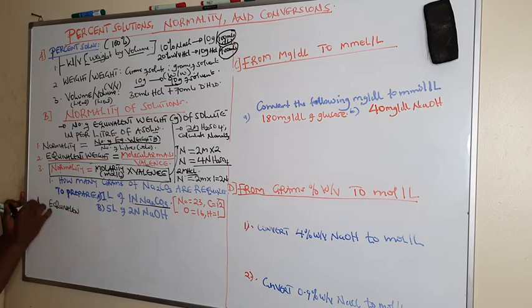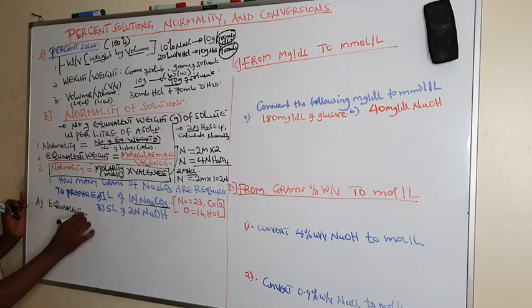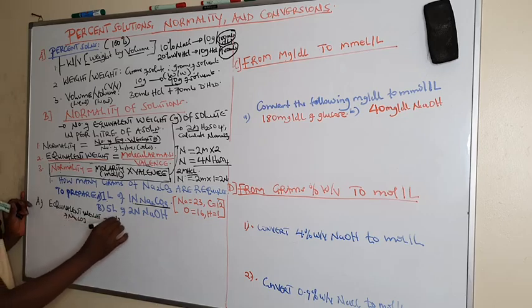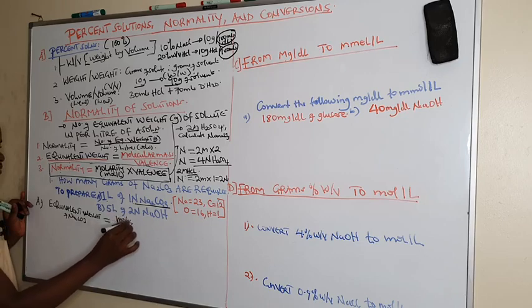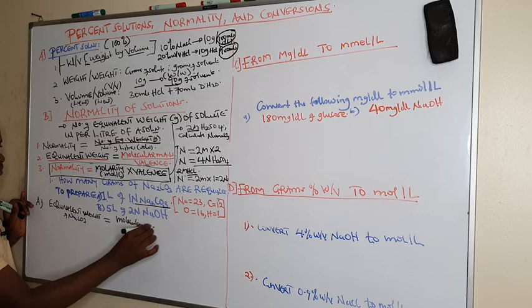Whereby the equivalent weight of sodium carbonate is equal to molecular mass, you divide by valence.